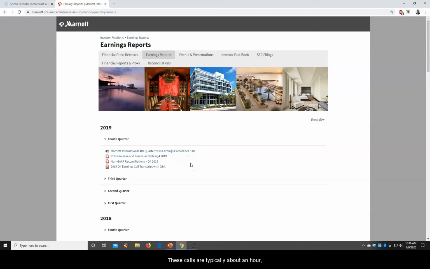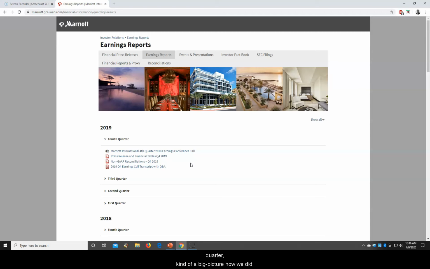These calls are typically about an hour, give or take, and they follow a pretty set agenda. Generally speaking, it starts with an introduction. So maybe the head of investor relations gets on and says, okay, here's how we did for the quarter, and I'm going to introduce the CEO and the CFO to talk to you about it. Then typically the CEO gets on. In this case, it's Arne Sorensen, who we saw before, and he'll give the overview. Here's how we did for the quarter.